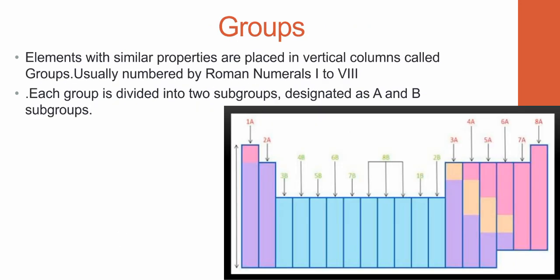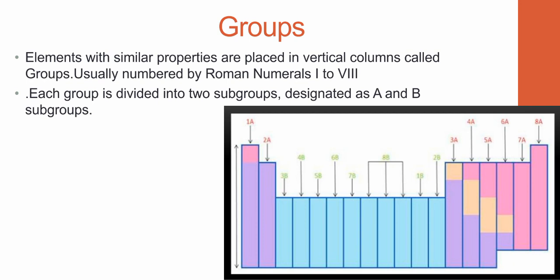Next जो है periodic table के components की बात कर लेते हैं. There are two main components, groups and periods. In the modern periodic table, the elements with similar properties are placed in vertical columns, as you can see here in the picture.